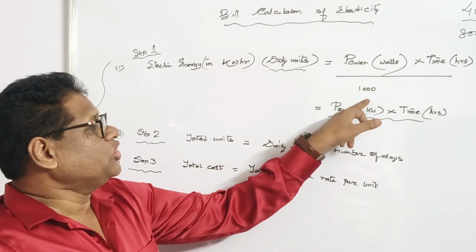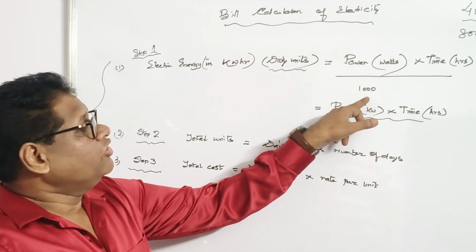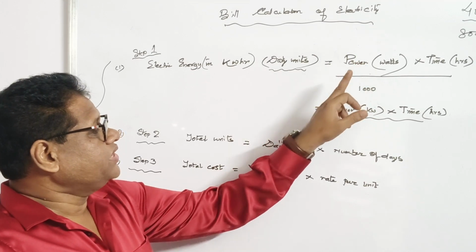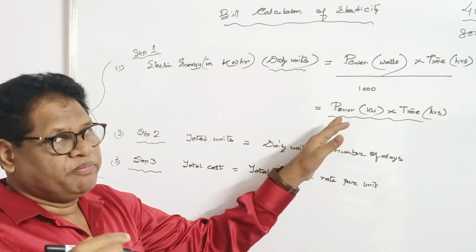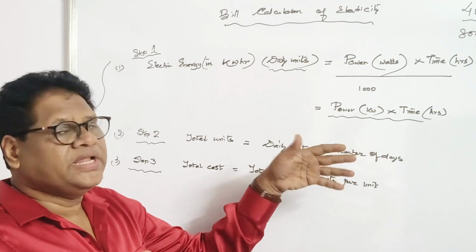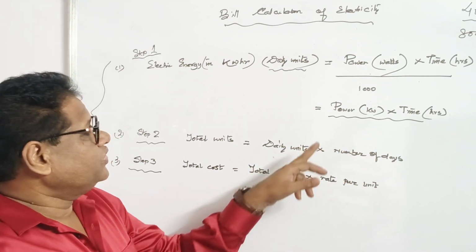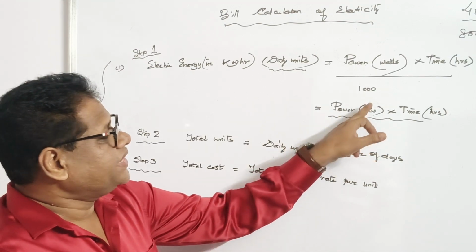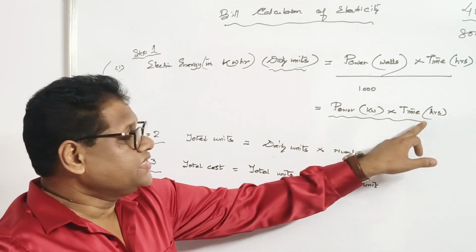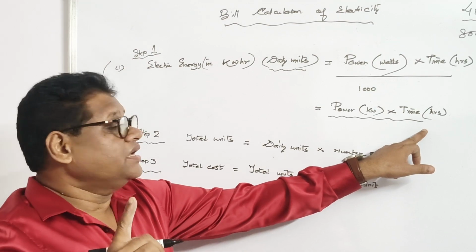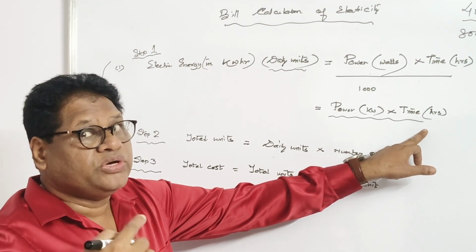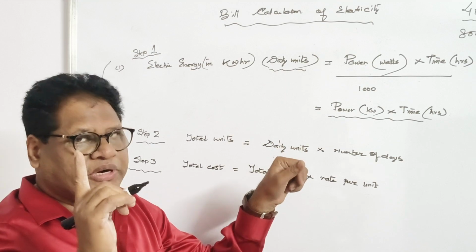We divide by 1000 because this is the conversion of power in watts into power in kilowatts. If you are getting power in kilowatts, like heavy appliances, geyser, or air conditioner, the power in kilowatts will be multiplied directly by time in hours. This is the per day run time, that means how many hours you use that appliance in a particular day.